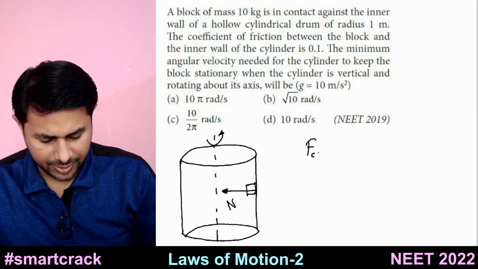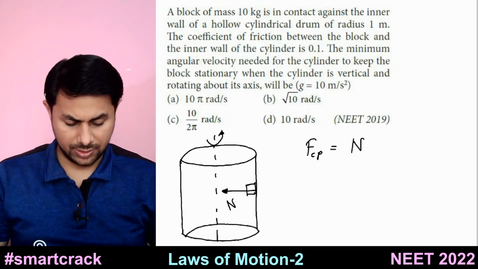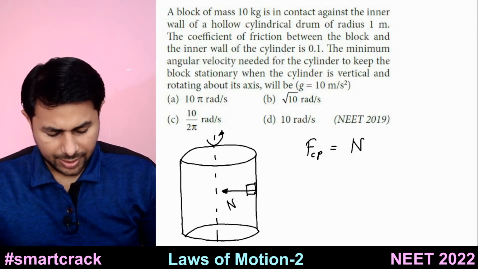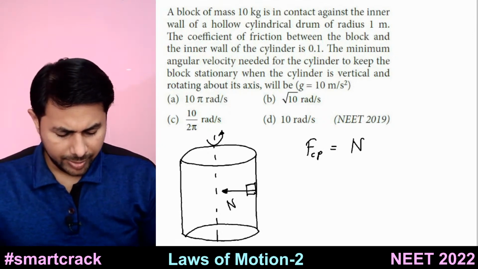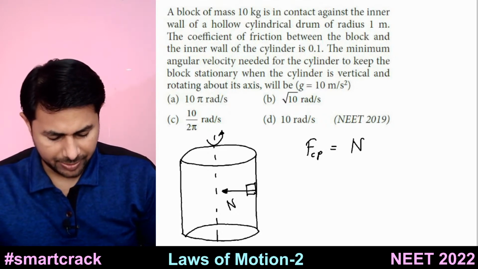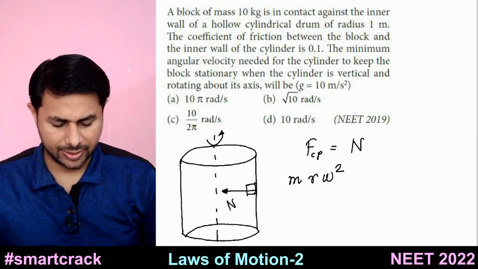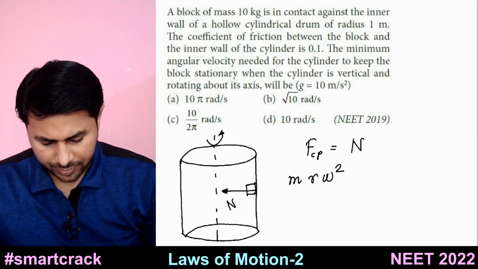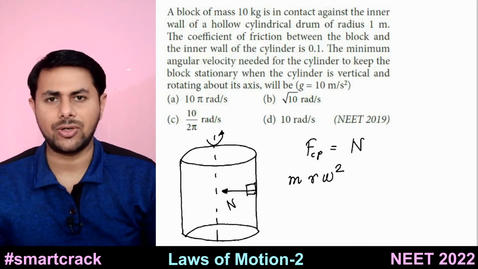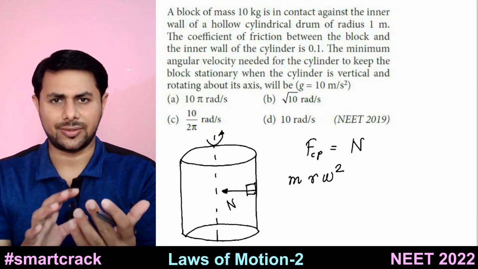So N equals FCP, and FCP can be written as m r omega square. So we have to find this angular velocity, with what minimum angular velocity it has to be rotated.